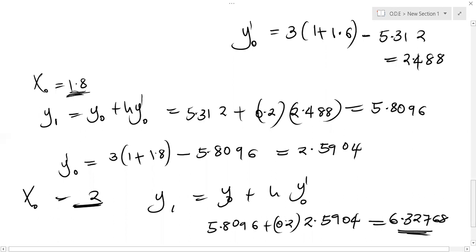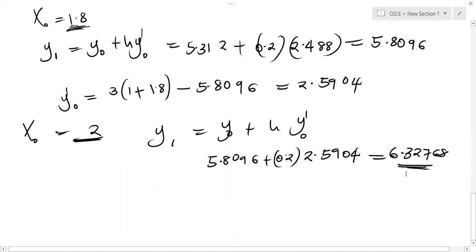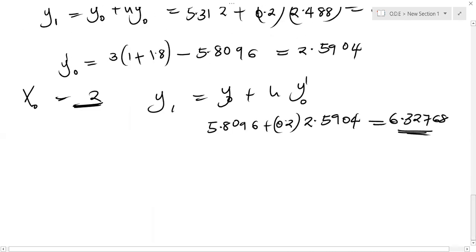So guys, we want to plot the solution on a graph, and the range was from 1 to 2 values of x. This is what we are going to have.